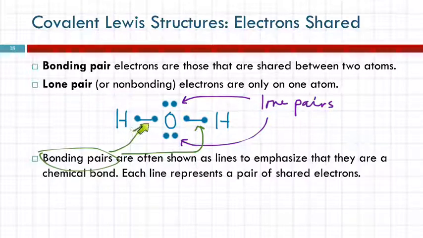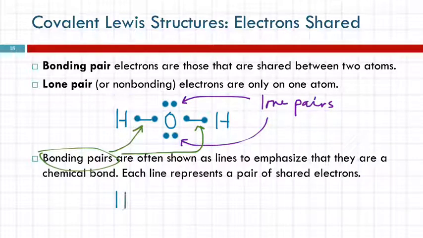So I have shown this bonding pair as the electron from oxygen and the electron from hydrogen, and I drew the line and connected the dots. I like that because it helps us to see that that's 2 electrons. It gets a little tedious though, and so oftentimes we represent a bonding pair as just a line.